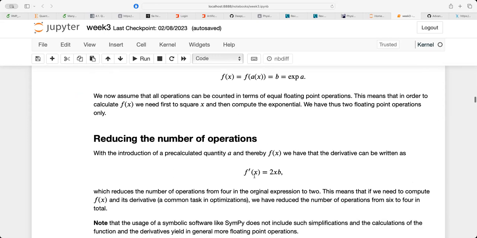But then when we look at the calculation of the derivative, since we have calculated b, there's no point in doing it again. If you just use a function as it is produced by SymPy or Mathematica, you would end up doing 4 floating point operations again and again. It's simple, you get the expression immediately, you plug it into your code. But now you actually end up with 2 operations.